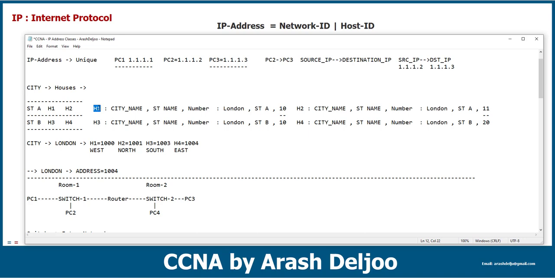But if house 1 needs to send traffic to house 4, because the combination of city name and street name of house 4 is different from that of house 1, it can understand that these things should be sent to another street. This is so important, okay?